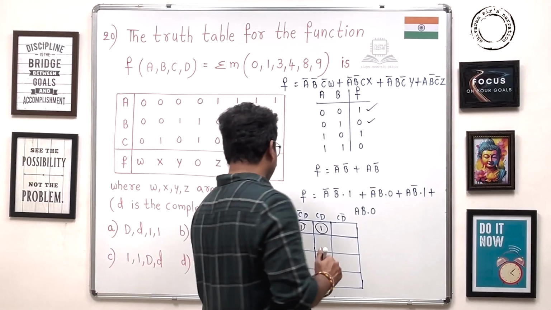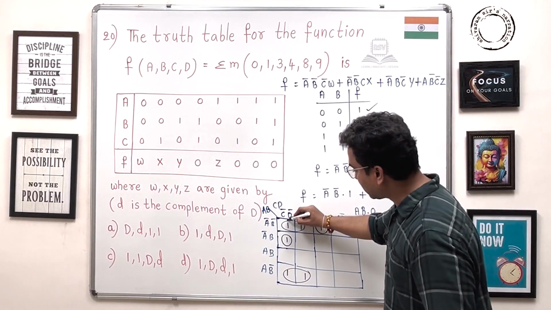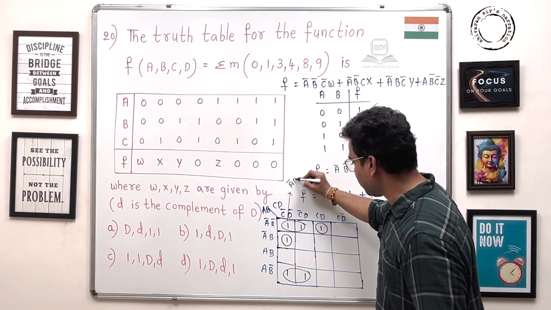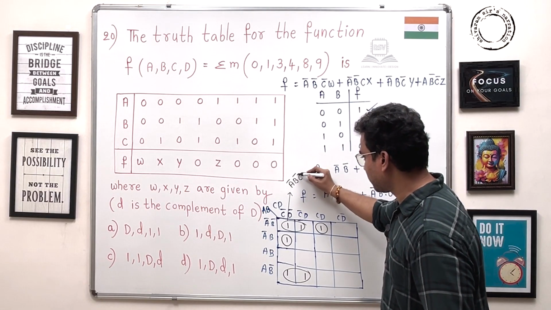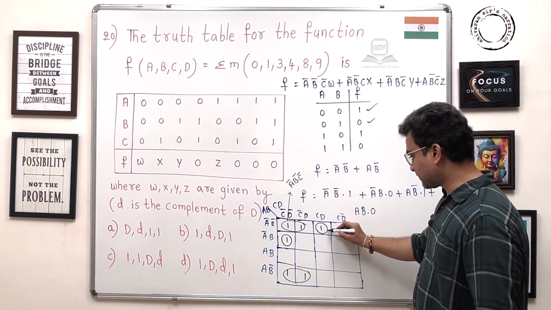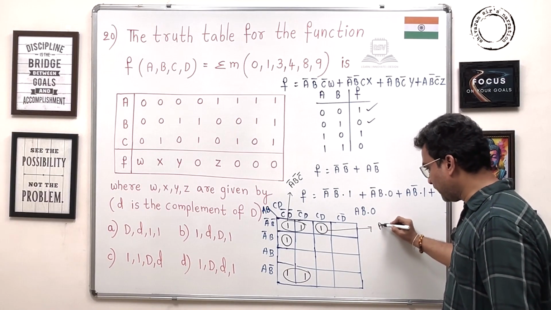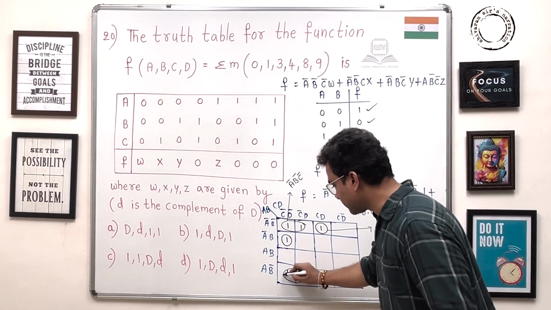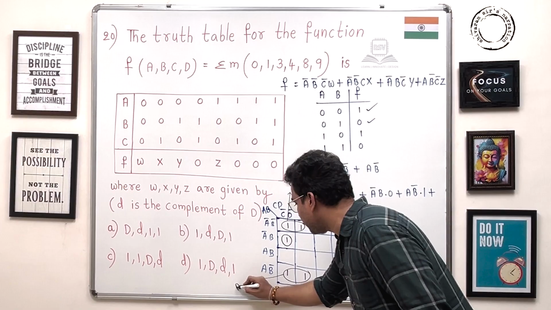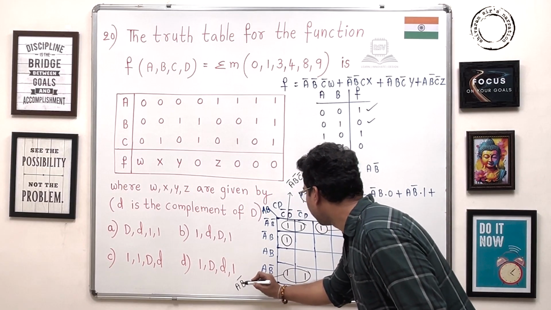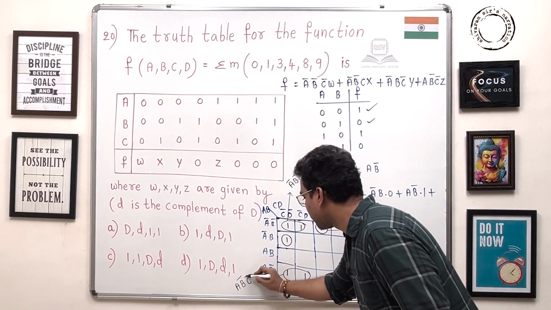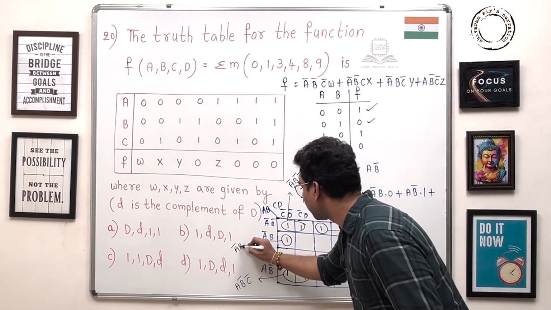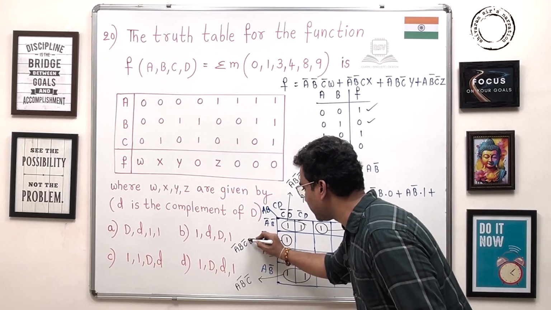Now guys, if I take this, what will I get? This is A bar B bar C bar. This A bar B bar C D. And this A B bar C bar. And this A bar B C bar D bar.